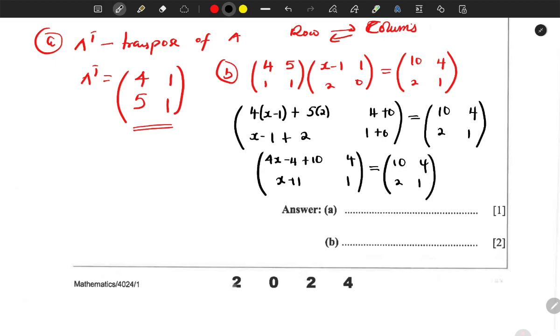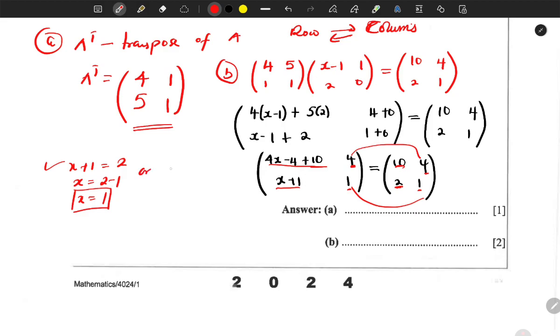Now, how to find x? We can see that I have a 4 here and a 4 there, a 1 here and a 1 there. Since the matrices are equal, 4 equals 4 and 1 equals 1. That means this entry is equal to that one, and this one is equal to that one. Any of these will give you x. So you can say x minus 1 plus 2 equals 2, and this gives x equal to 1.